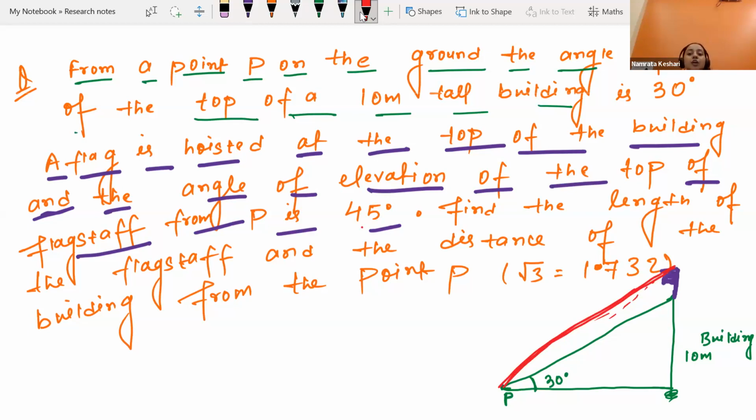We understand the angle of elevation from a point to the top will always be with the horizontal, yes or no? Through point P there must be a horizontal towards the top of the building or towards the top of the flagstaff. Different angles are there. We have made the figure like this.